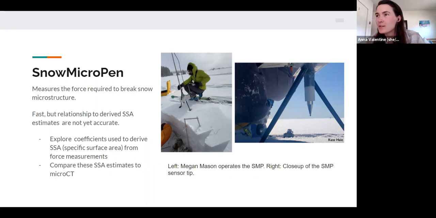So the work that we did in this project that Robbie's going to talk over is exploring the coefficients that are used to derive the SSA, and to compare these SSA estimates to those that were made by the micro CT. And with that, I'll hand it over to Robbie.